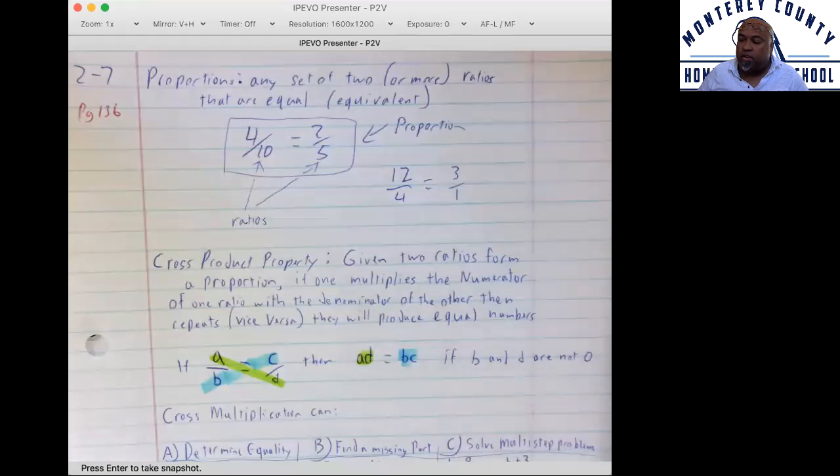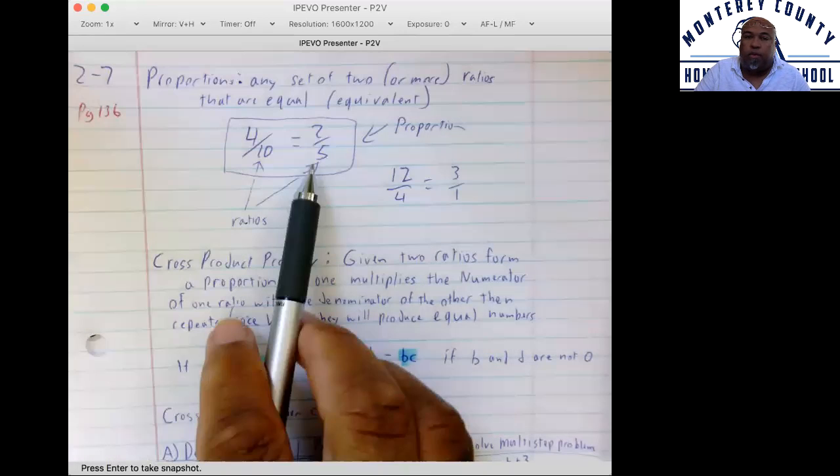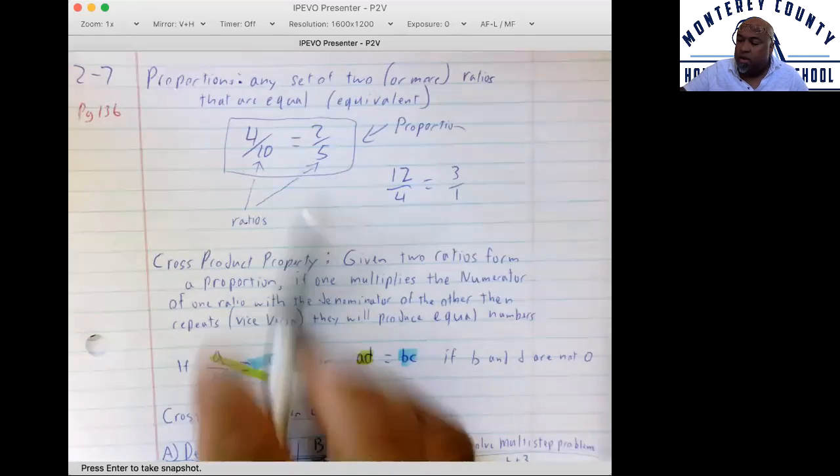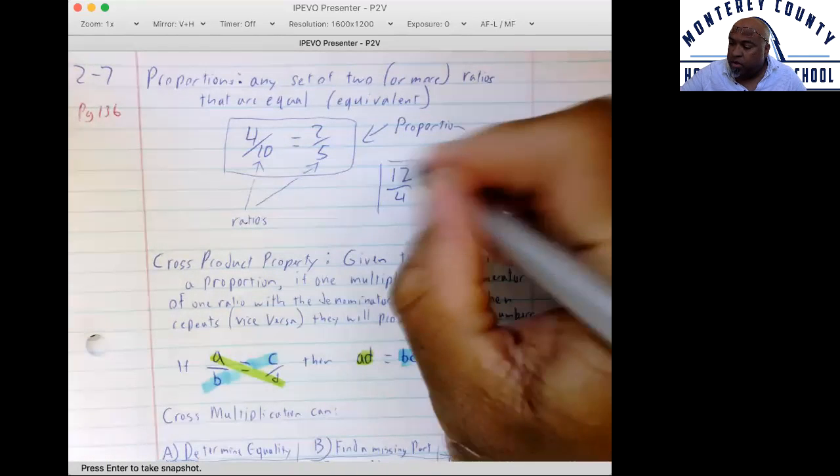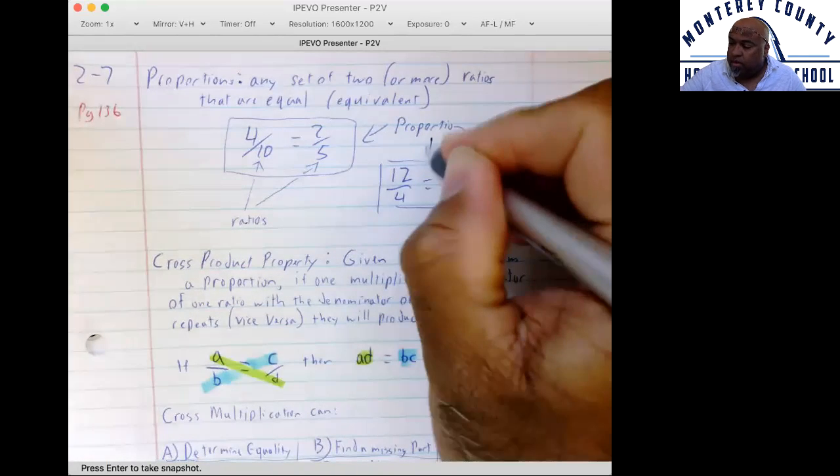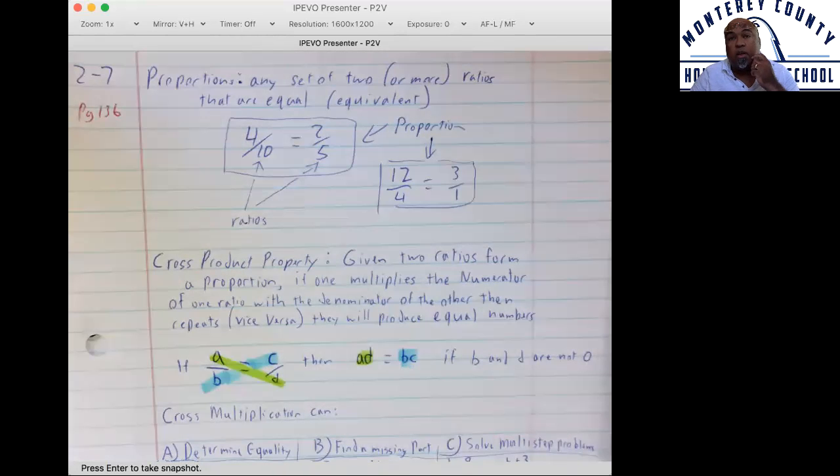So in the same sense, 4/10 and 2/5 are a proportion, as 12/4 and 3/1 is a proportion. So you have to have at least 2 ratios to make a proportion, kind of like you have to have 2 shoes to make a pair, okay?